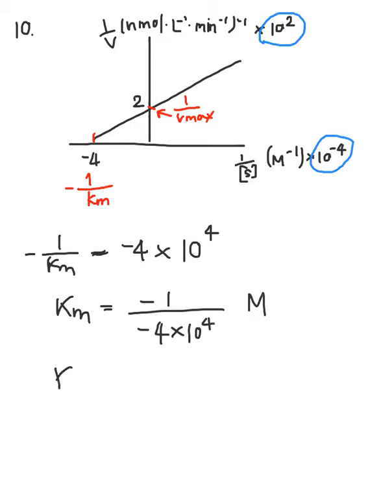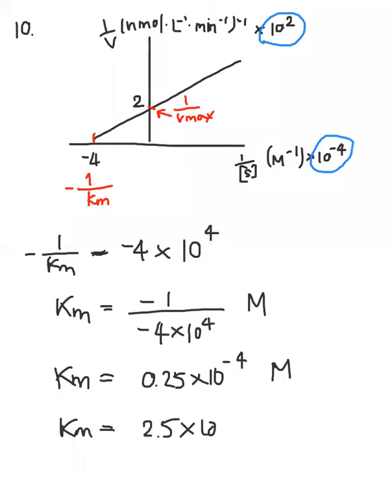So now Km would equal 0.25 times 10 to the negative 4 molar here, correct? Or 2.5 times 10 to the negative 5 molar.